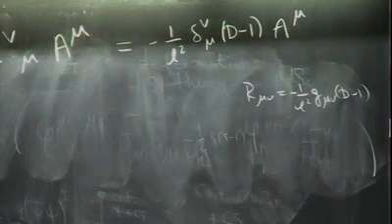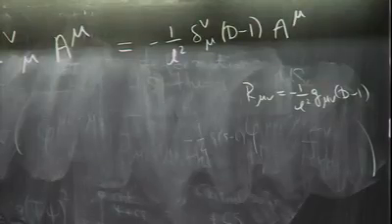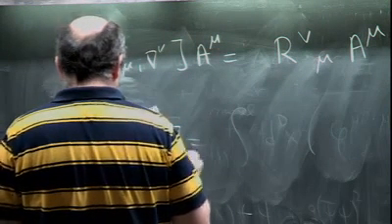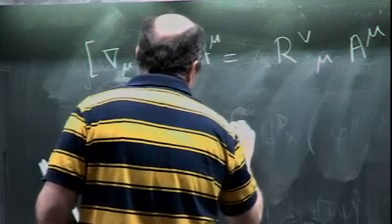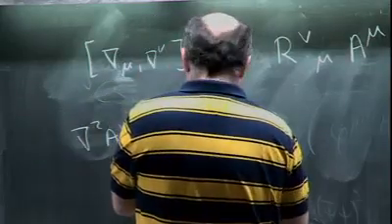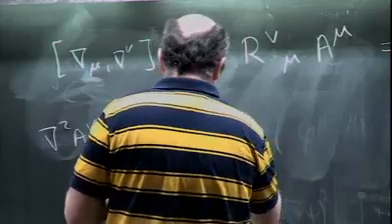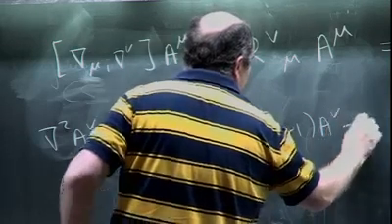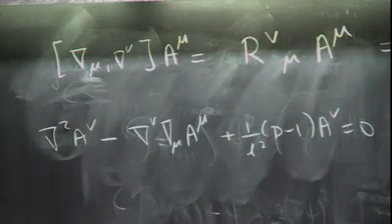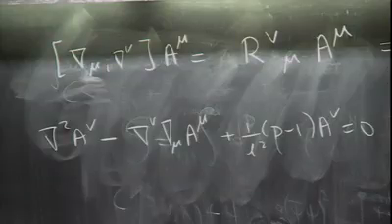Okay. So then we have the Maxwell equation in curved space: nabla mu of (nabla mu A nu minus nabla nu A mu), which gives nabla square A nu plus 1 over L square (d minus 1) A nu is equal to 0. And you can check that this equation is exactly the equation that I wrote here in the case of spin 1.